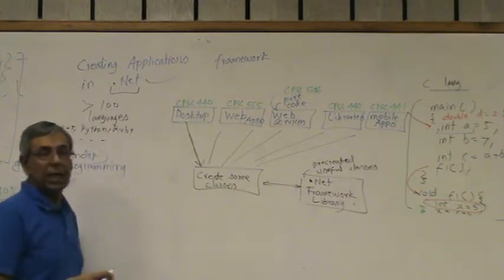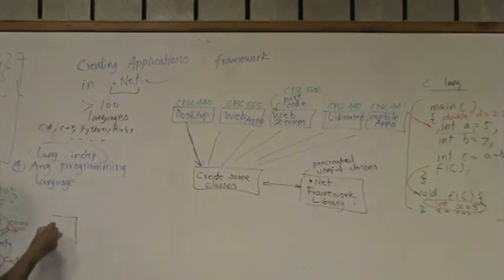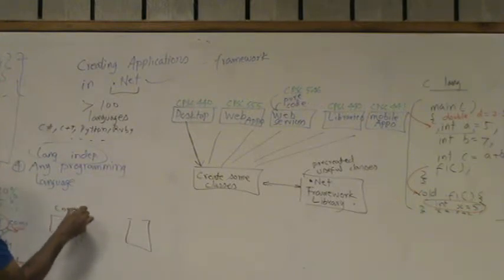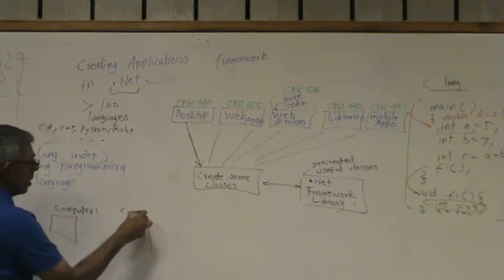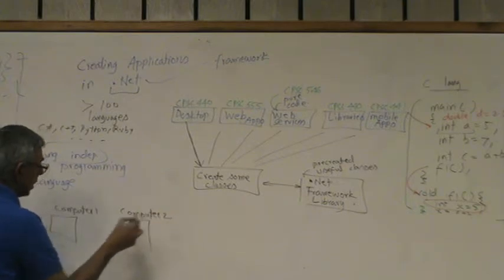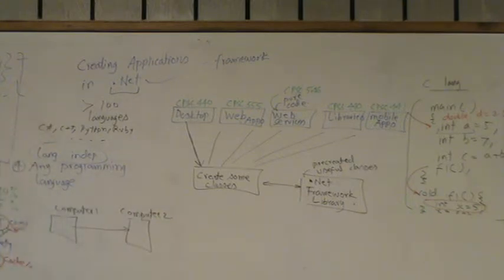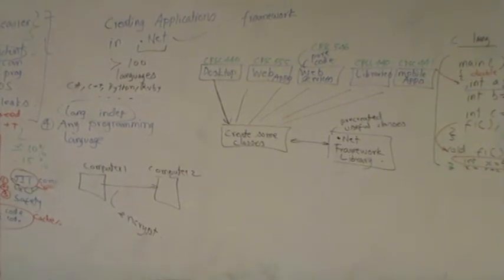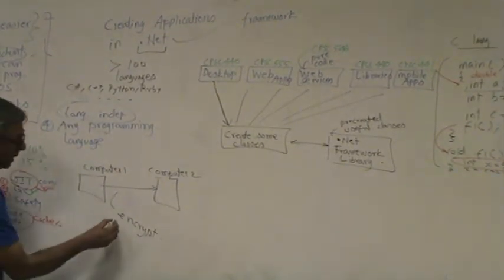To give you an example, suppose you were sending data from one computer to another. You wanted to send some data from here to here, and you wanted to encrypt it before sending it to the other side. You wanted to digitally sign it.